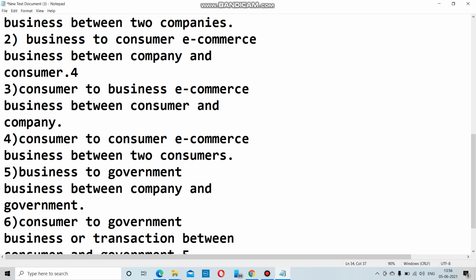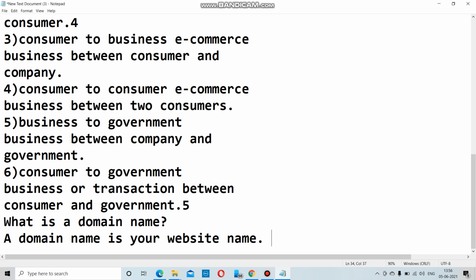It's called business to government e-commerce through the internet. Then the last type is consumer to government e-commerce. It is a transaction between consumer and government. A customer directly sells their goods and services to the government. So it is called consumer to government.